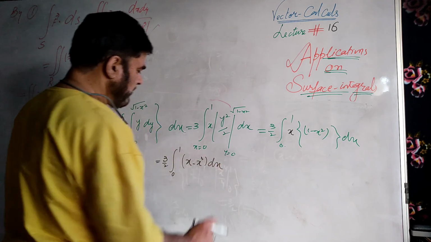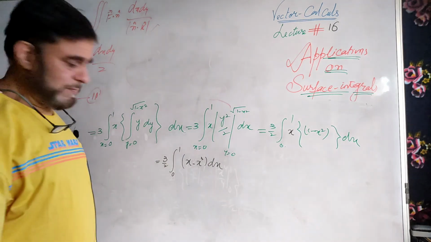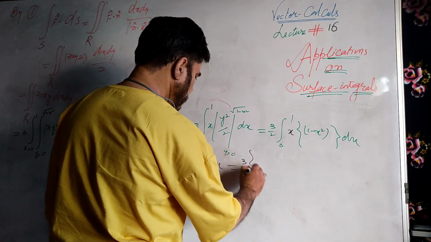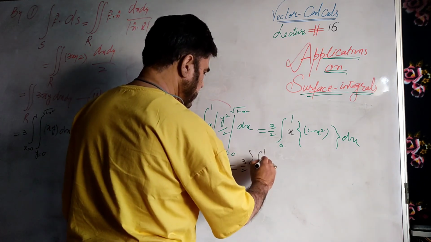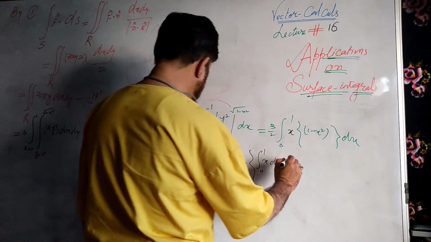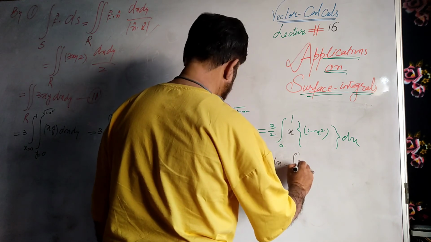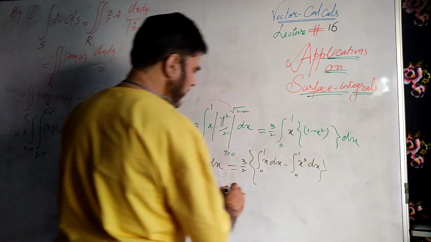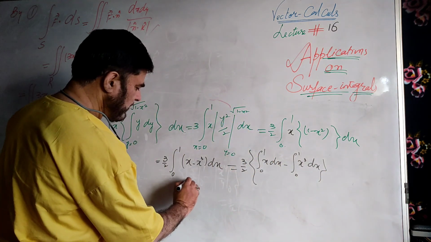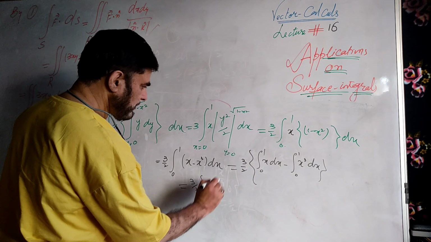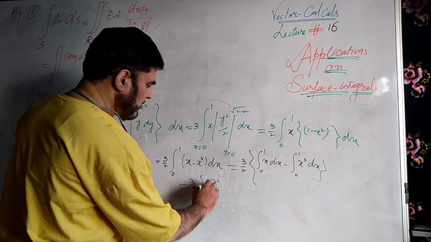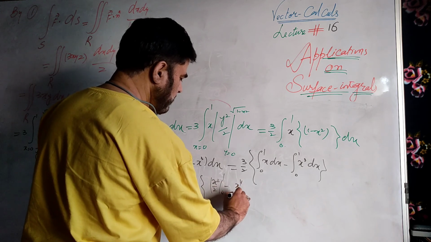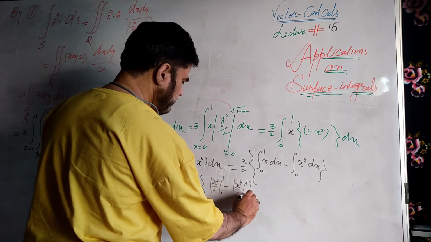Now we have to integrate it with respect to x. This is 3 by 2 integral of 0 to 1 x dx minus integral of 0 to 1 x cube dx. This comes out to be 3 by 2 times x square by 2 from 0 to 1, then minus x to the 4 by 4 from 0 to 1.